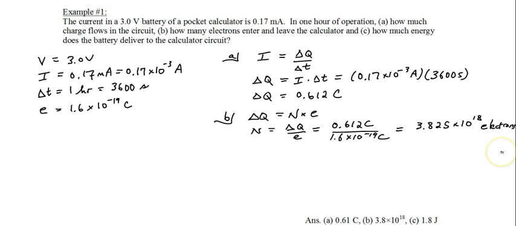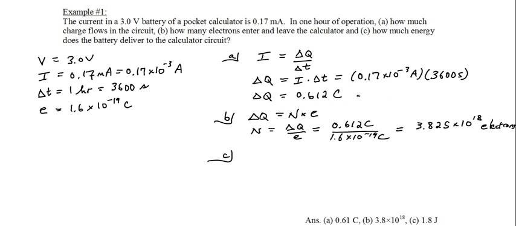Okay, so now let's go on to the last part, which is how much energy does the battery deliver in the circuit. So for part C, we want to look at energy. Now we're given the voltage, and remember voltage is joules per coulomb. And we also found out earlier the amount of charge that flowed, which is in coulombs.